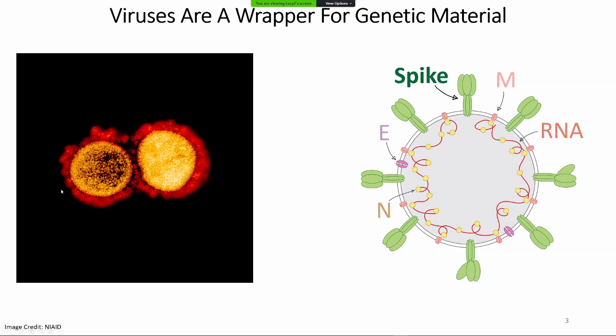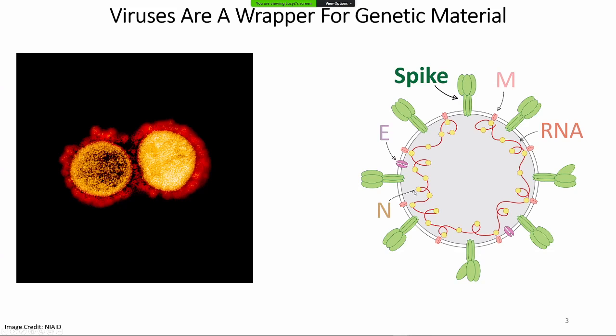Coronavirus has the word corona in it, which is Latin for crown. And that's what scientists thought when they saw this for the first time. But inside this sun blob looking thing is the actual important part of the virus, the genetic information. Sometimes DNA, in this case though, it's RNA, and that's this red spaghetti noodle looking thing inside the virus.